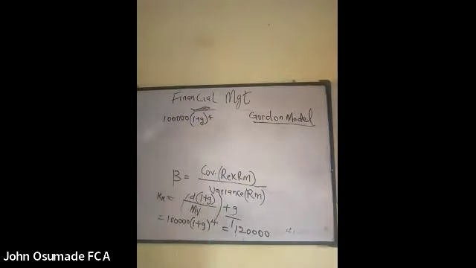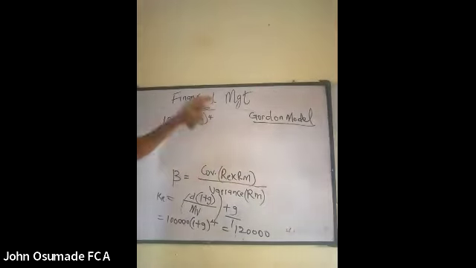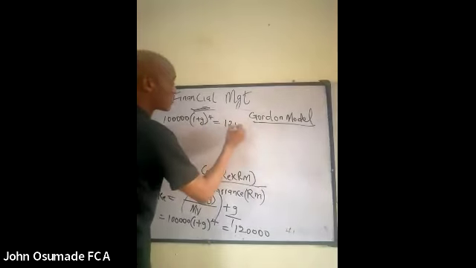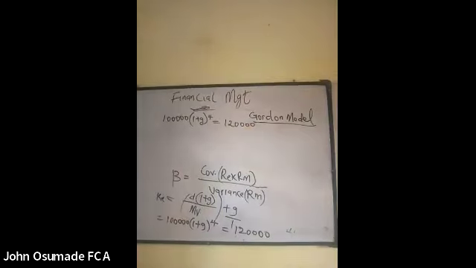For year 2000, 2001, 2002, 2003, 2004, that's 5 years. So N is 5 years minus 1. We now have 120,000, which is the year 2004 dividend.